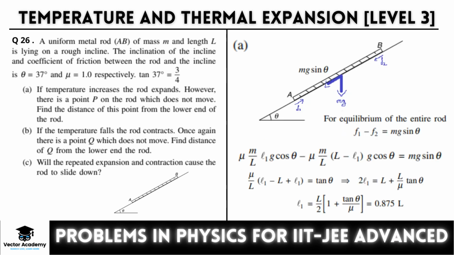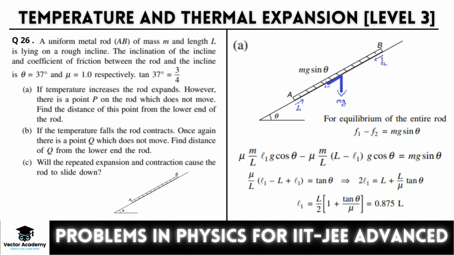For equilibrium of the entire rod, F1 minus F2 equals mg sine theta. Mu m by L, L1 g cos theta minus mu m by L, (L minus L1) g cos theta equals mg sine theta.